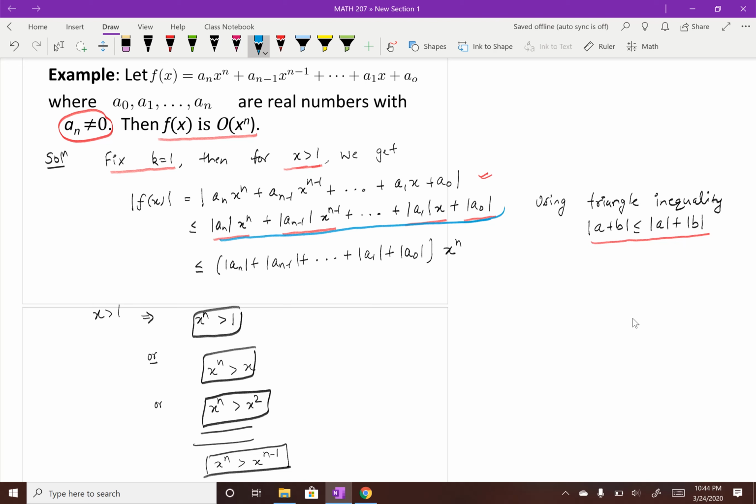I can say this part of the inequality is bounded by the absolute value of an plus the absolute value of an minus 1 plus the absolute value of a1 plus the absolute value of a0, times x to the power n.